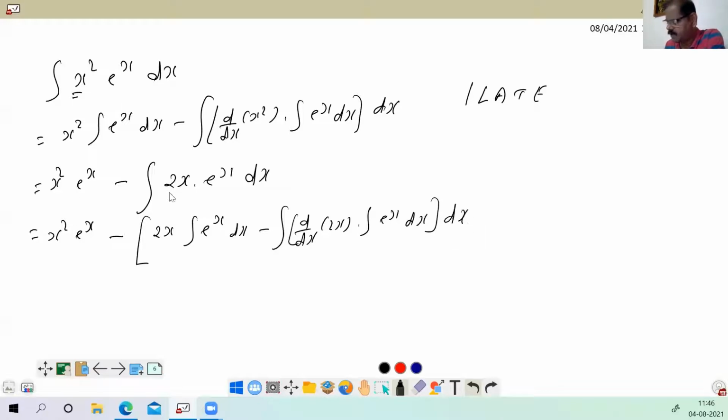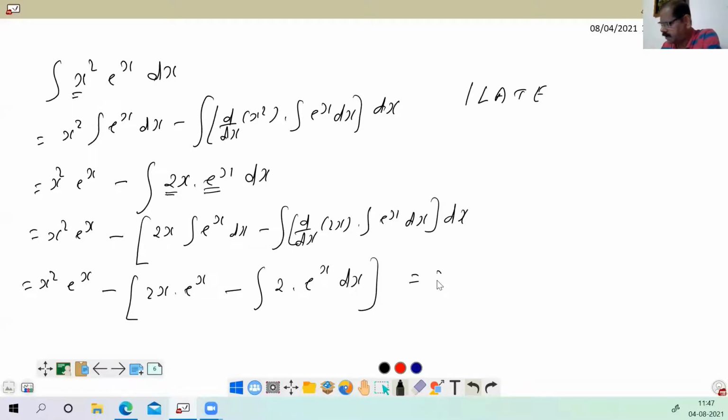Again I am using integration by parts for these two functions, 2x and e raised to x. So this is x square e raised to x minus bracket 2x into integral e raised to x, which is e raised to x, minus integral of d by dx of 2x. 2 is constant, the derivative of x is 1, that is 2 into e raised to x dx.